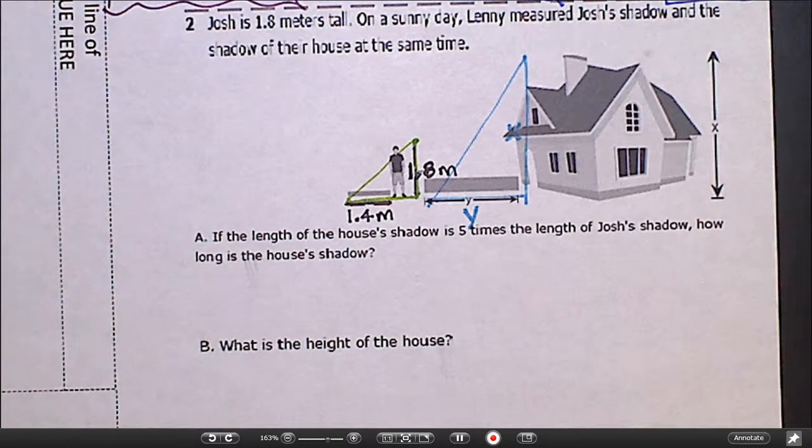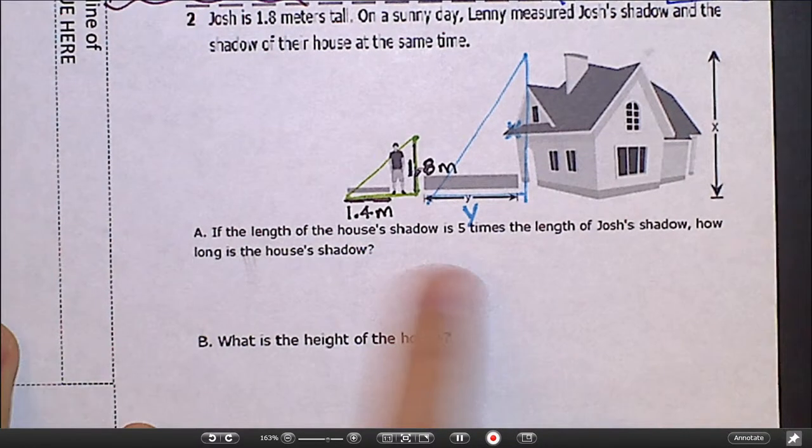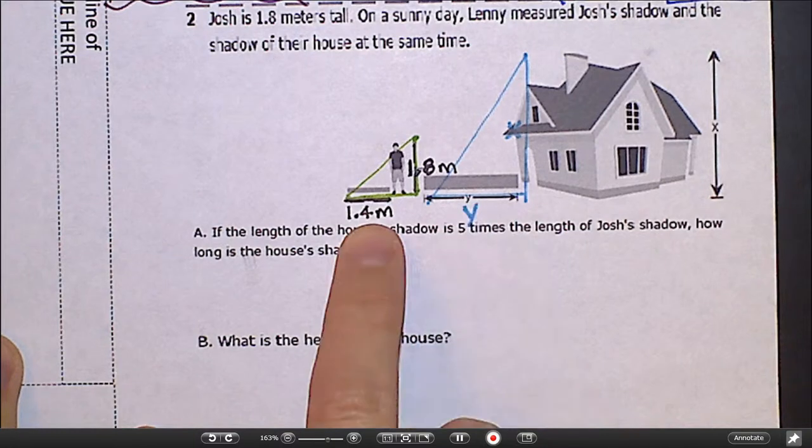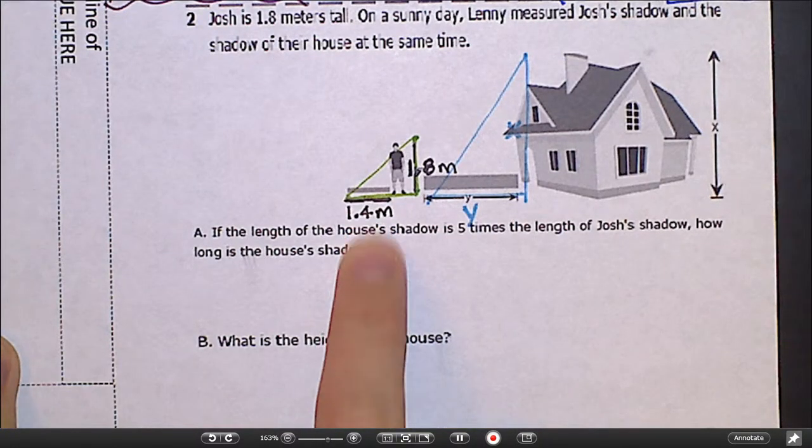So, question A says, if the length of the house's shadow is 5 times the length of Josh's shadow, how long is the house's shadow? Okay, so let's look at that carefully. The length of the house's shadow, that's y. If that's 5 times his shadow, then what's the length of that shadow?